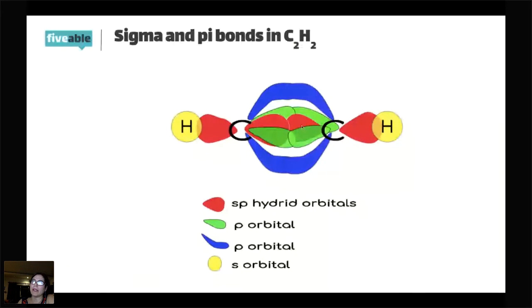For the Greek letter pi, you can think of it as hugging, like placing your arms like this. The overlap is like your arms. So what do you think? Would the green overlap be a pi or a sigma bond? Excellent, Irene, great job. Pi again. So we have 1 sigma and 2 pi bonds when carbon does a triple bond.